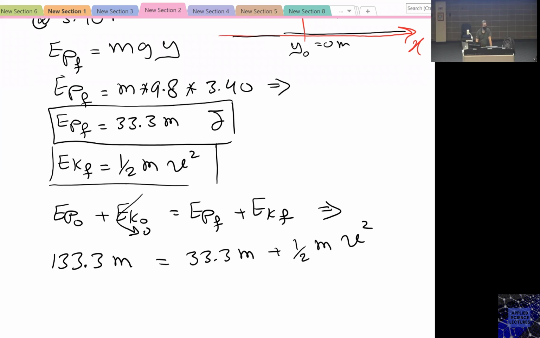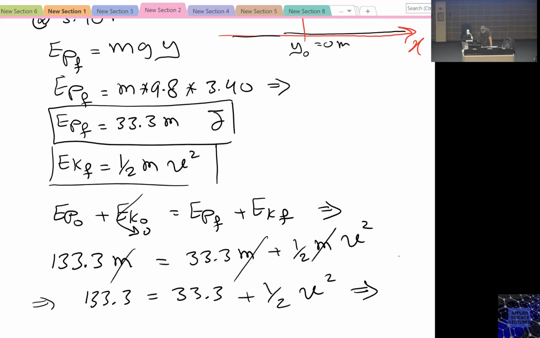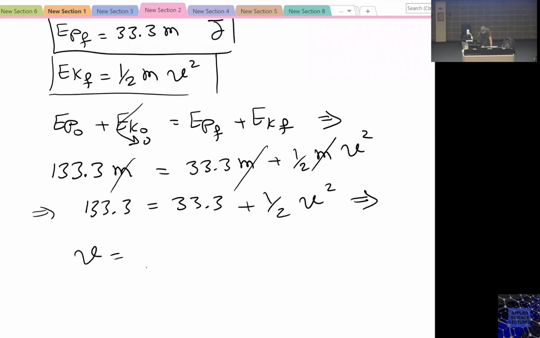Since m does exist everywhere, I can divide by m and get rid of the m. So dividing by m, it is gone. So I end up with 133.3 equals to 33.3 plus half v squared, or v is square root of 2 times, right?